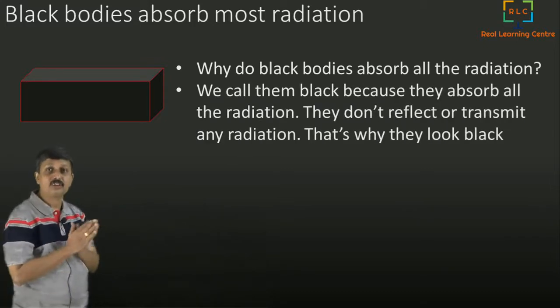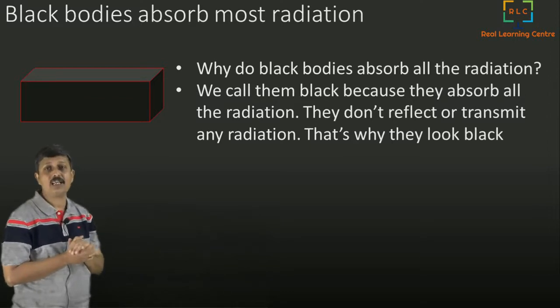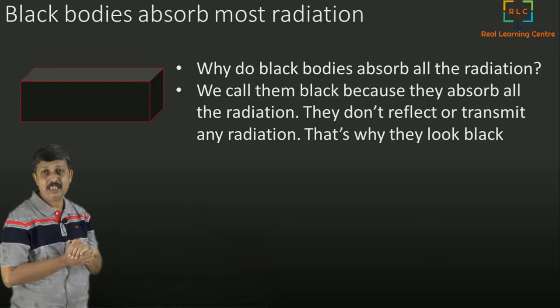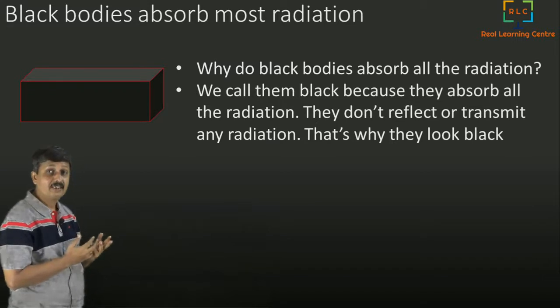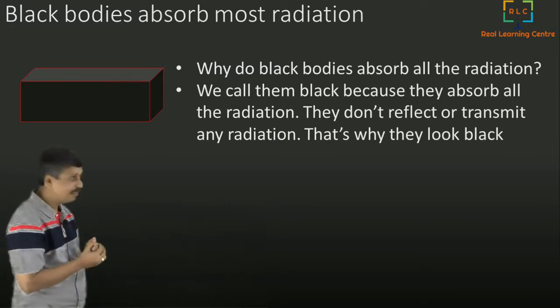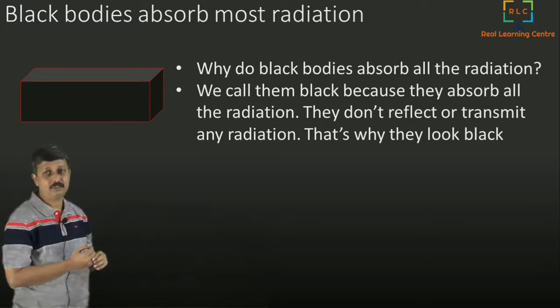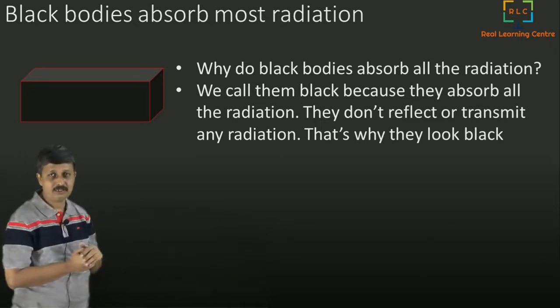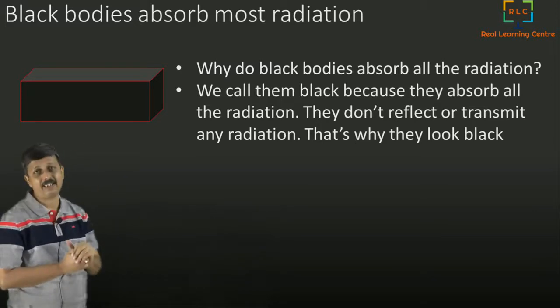That is the question, and here is the tricky answer. We call them black because they absorb all the radiation. They don't reflect or transmit any radiation. They absorb everything, and that's why they look black. It is the other way around: it's not that black bodies absorb all the radiation; since they absorb all the radiation, we call them black.